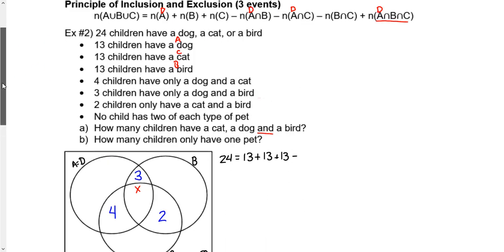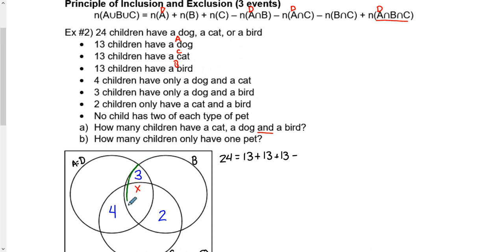Dog and bird, sorry, not that entire section, this one. This entire intersection right there, we don't know what that is. So we're going to have to be a little bit creative with it. This entire intersection can be notated as x plus 3. So I'm just going to change the color.